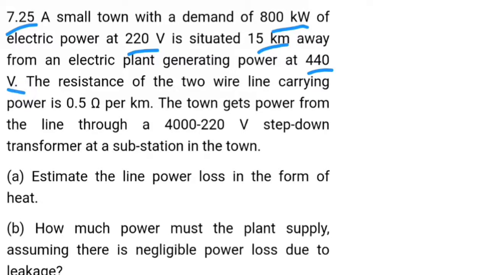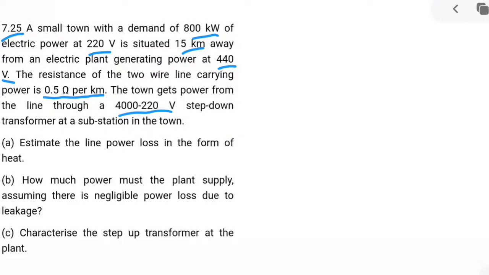The resistance of the two wire line carrying power is 0.5 ohm per kilometer. The town gets power from the line through a 4000-220 volt step down transformer at a substation. So part A of the question is estimate the line power loss in the form of heat.